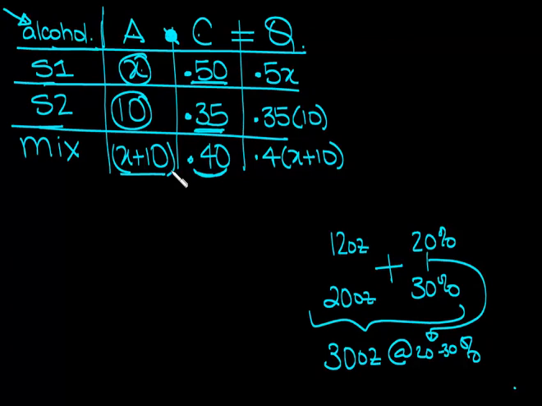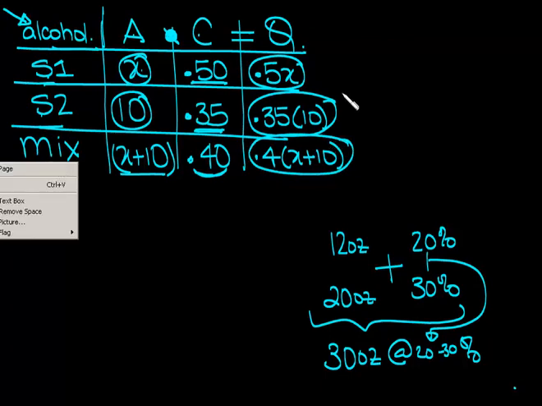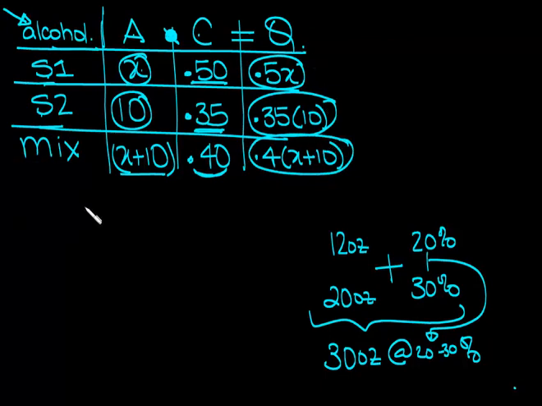Now we have to create an equation because we ultimately have to solve for x. This is the amount of alcohol in the first solution, this is the amount of alcohol in the second solution, and this is the amount of alcohol in your mixture. Shouldn't this last column add up? Shouldn't the quantity of alcohol in the first solution plus the quantity of alcohol in the second solution equal the quantity of alcohol in the mixture?